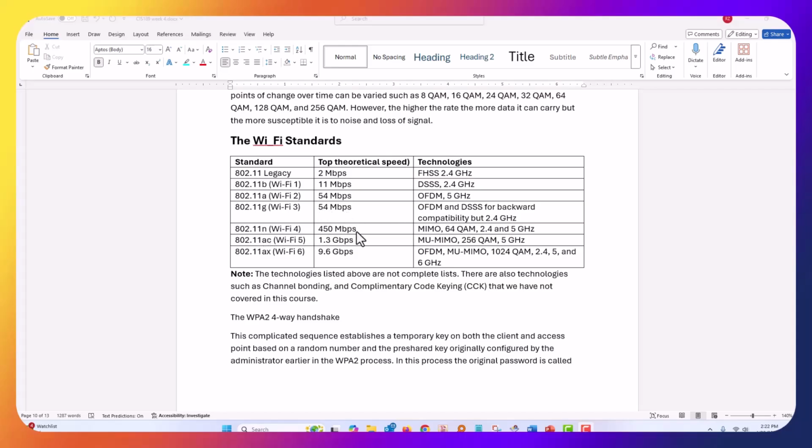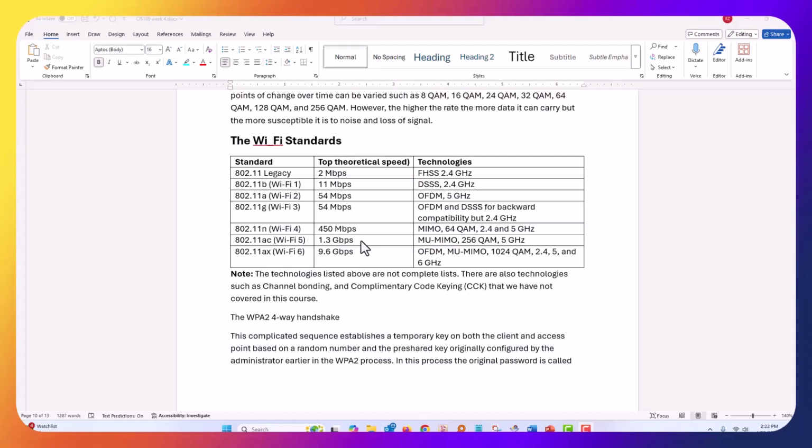N was all the rage when it came out, and it went 450. That's a big jump, up to 450 megabits per second. It used MIMO for the first time, the multi-in, multi-out, and it also used the QAM encoding for the first time. It actually used both of these frequencies, and you could switch back and forth.